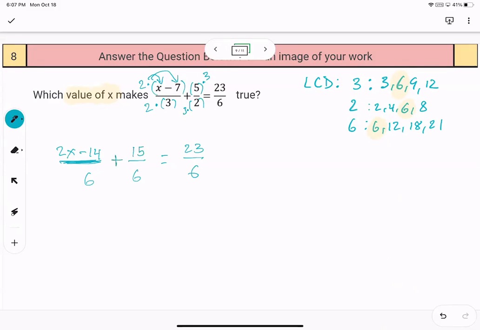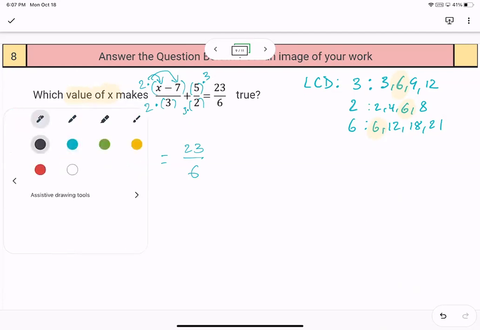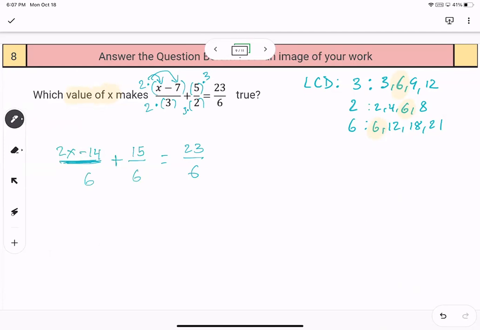It's a positive 15. Now again, since all the denominators are 6, we can cancel them out, because if we multiply 6 to both sides, they all cancel out. And now we're left with 2x minus 14 plus 15 equals 23.